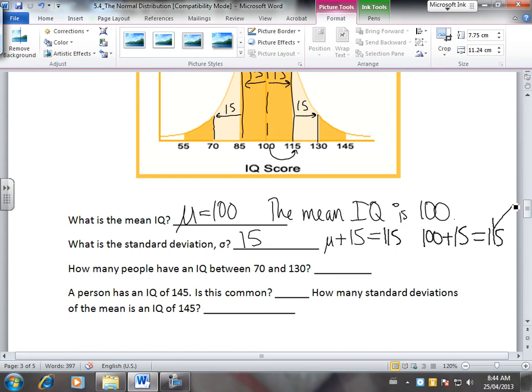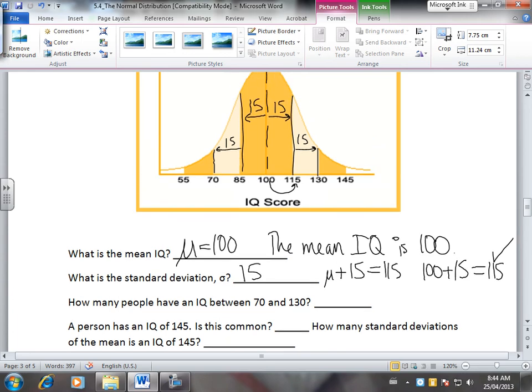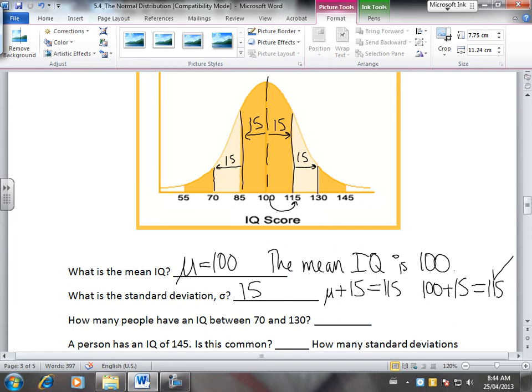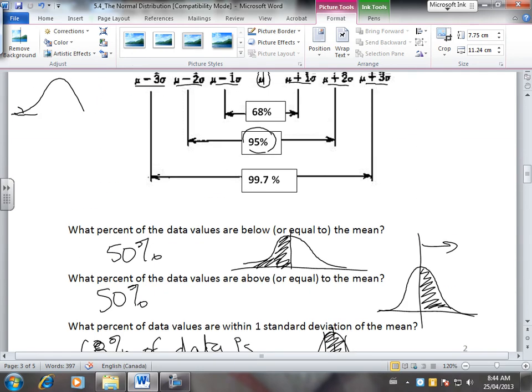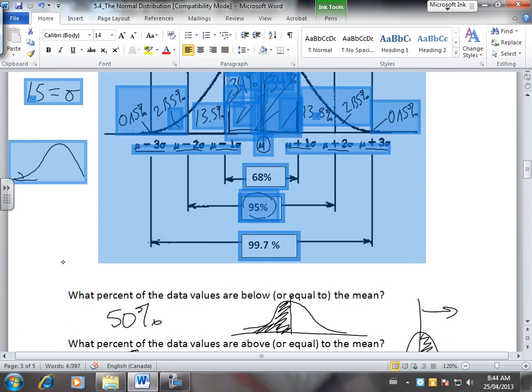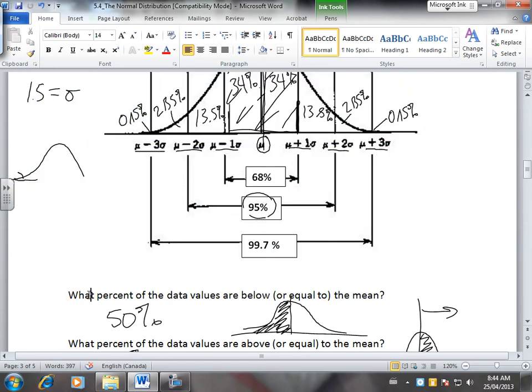How many people have an IQ between 70 and 130? If I go up here and look, here's 70, and I want to know how many people fall within this distribution. If you flip back, that's within 2 standard deviations of the mean. How many people will fall within 2 standard deviations of the mean in a bell curve? If you flip back to your first page, within 2 standard deviations it is 95%.